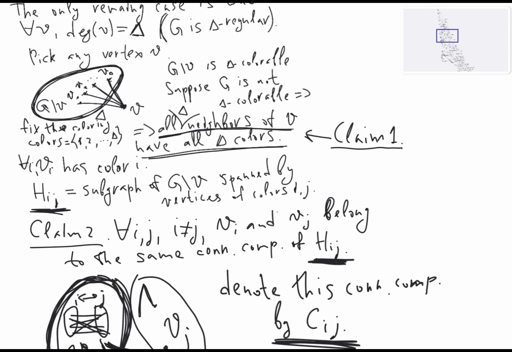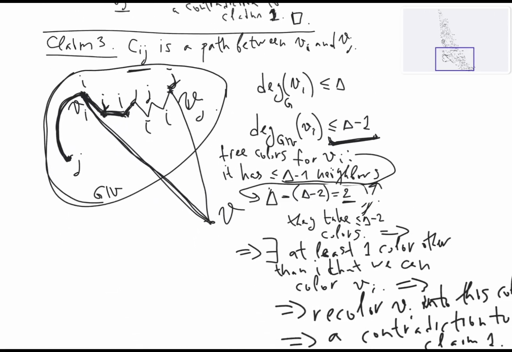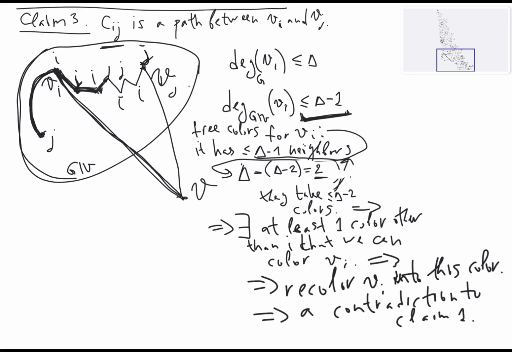Because claim 1 says that in any delta coloring of this graph G minus V, all neighbors of V have all delta colors. But if we recolor one of them, Vi, to another color, keeping the coloring proper, then these vertices V1 up to V delta would have one less color.